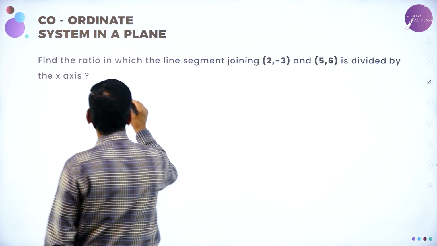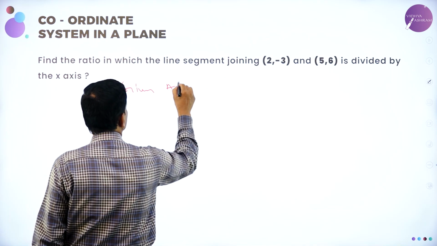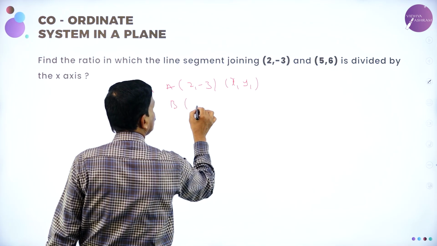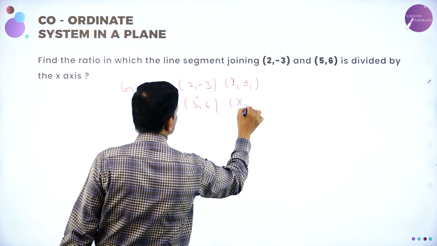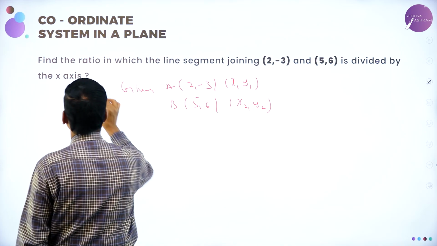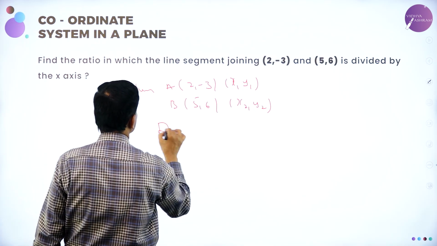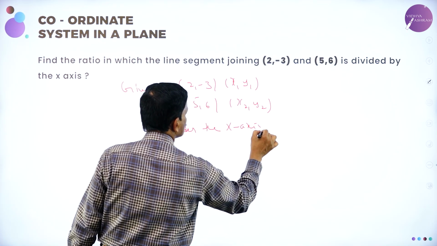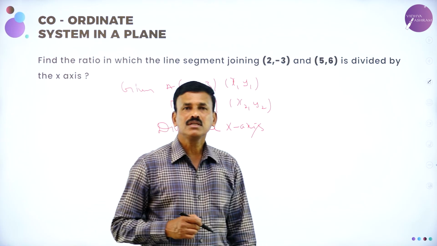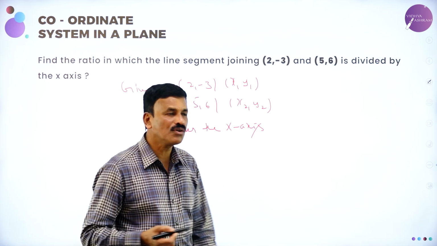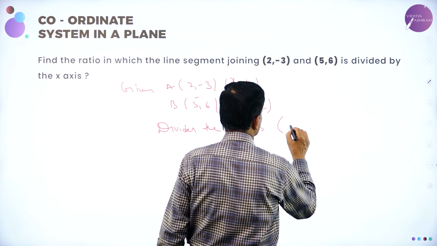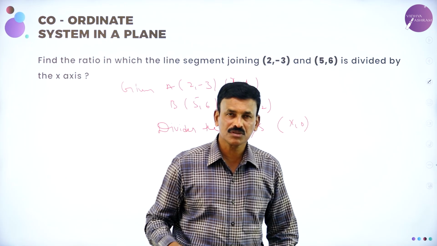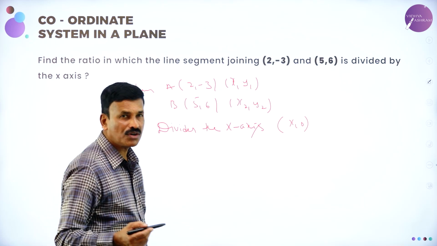Given A(2, -3) as x1, y1, and B(5, 6) as x2, y2. If the line divides the x axis, the y coordinate is equal to 0, so the point is (x, 0).